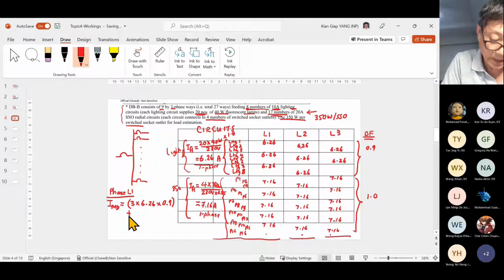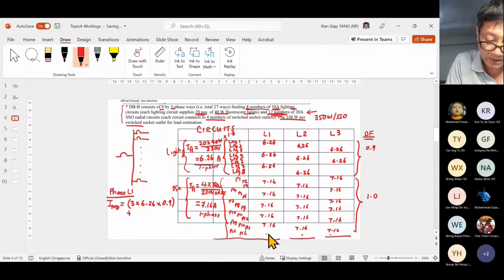Plus, how many SSO circuits would I be having here? Anyone can tell me or not? Because there are a total of 17 of them, right? 17 circuits altogether. If I start from here, 1, 2, 3, 4, 5, 6, 7, 8, 9, 10, 11, 12, 13, 14, 15, 16, 17.